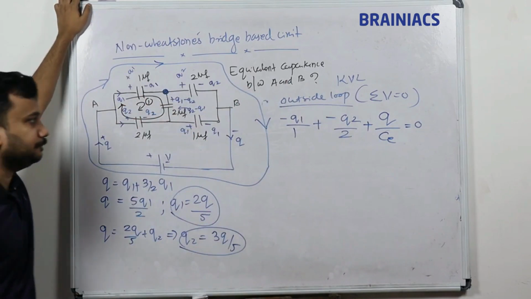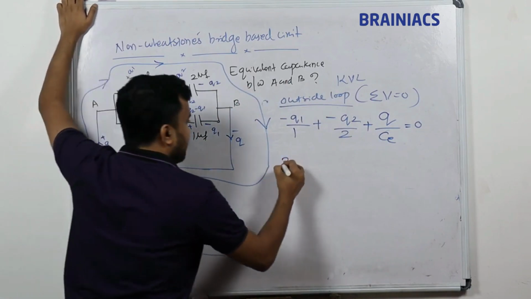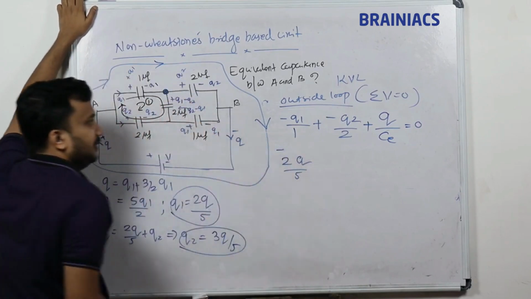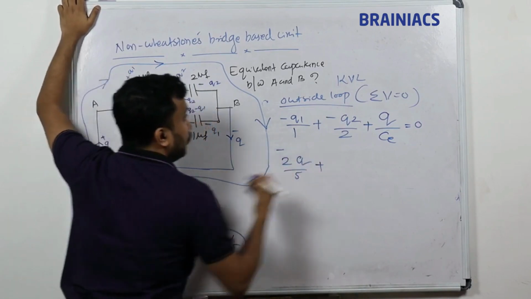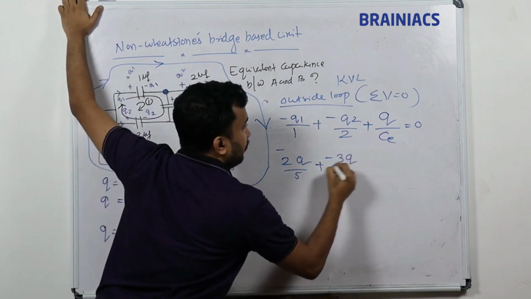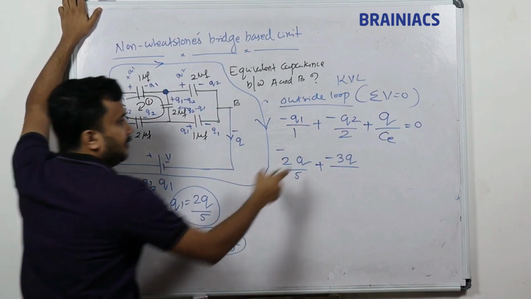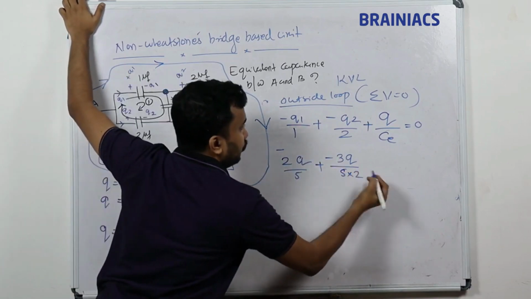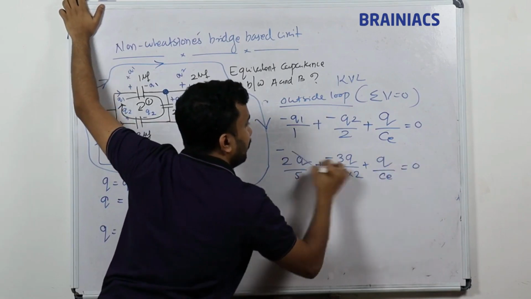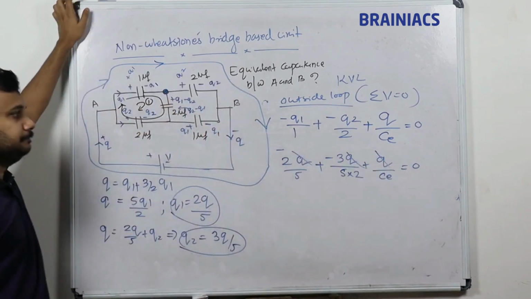Now this is clear to you. What is Q1? We can substitute 2Q by 5, with the minus kept here, and plus Q2. Q2 is 3Q by 5, so minus 3Q by 5 divided by 2, that is 5 into 2, plus Q by CE is equal to 0. All the Q will get cancelled out.